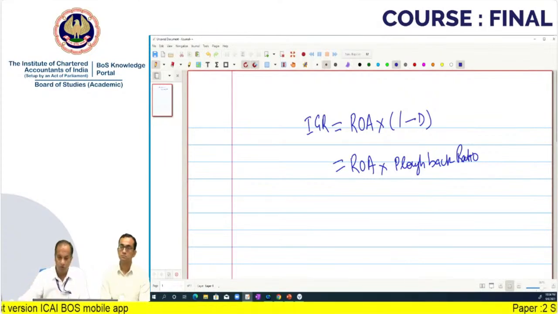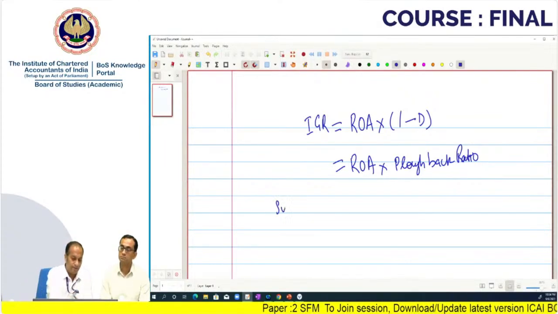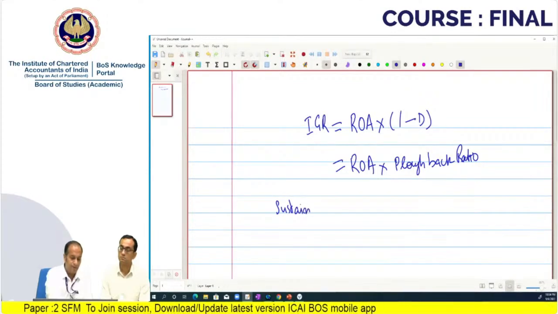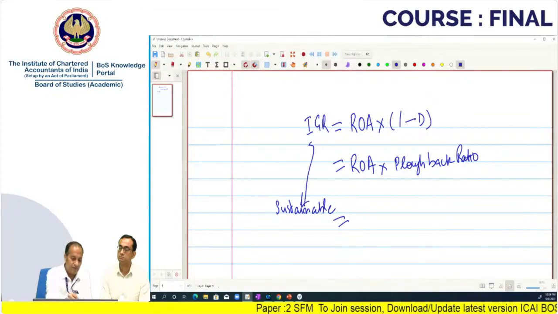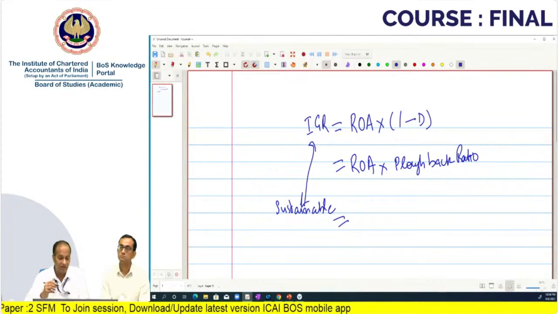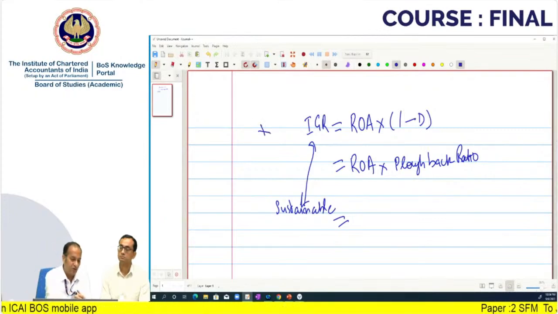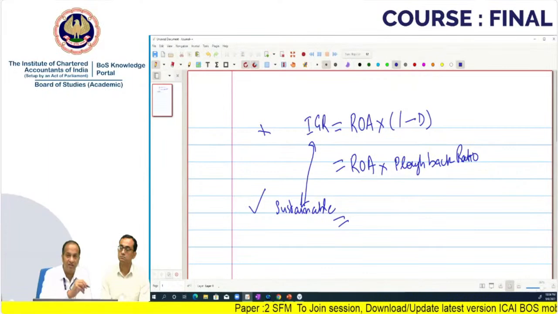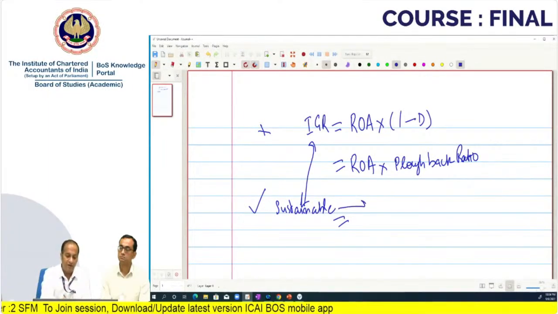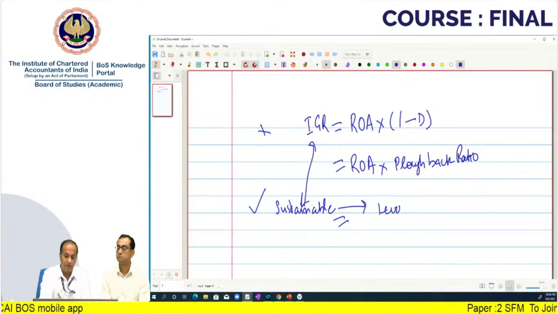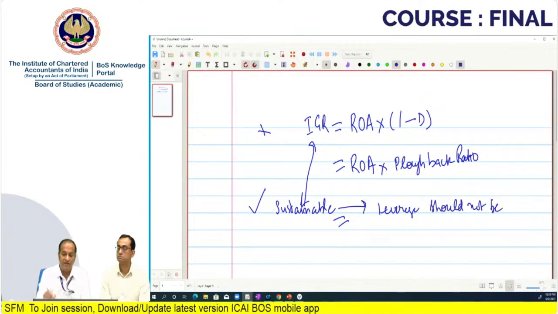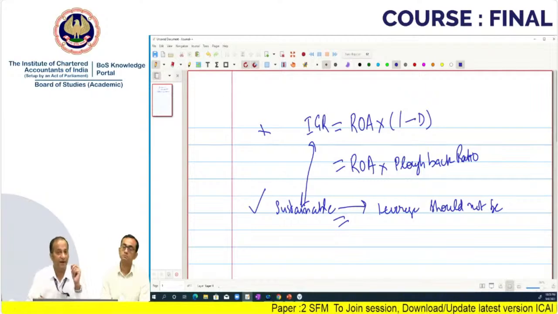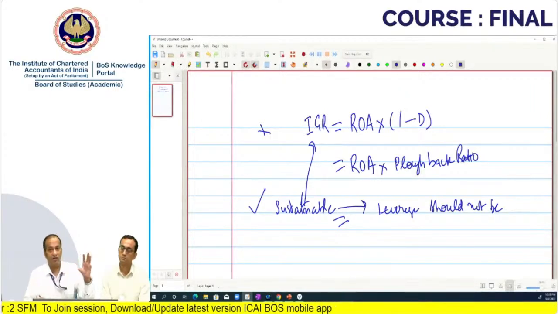Now I am coming to the next term, that is sustainable growth rate. Now here in sustainable growth rate, same thing is there, but in IGR we are not going for external funding, no external funding. Here we are going for external funding, but our leverage should not be affected. So we can say what will be the growth rate if, of course, we are going for debt, but our leverage should not be affected, our debt equity ratio should be maintained.